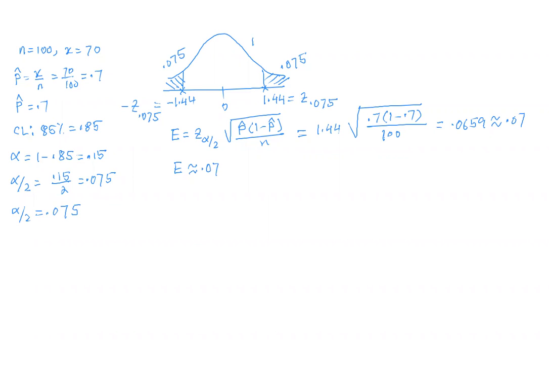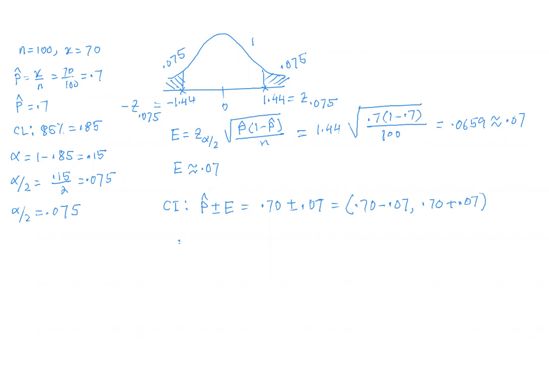Now your confidence interval is going to be p hat plus or minus your margin of error, which is p hat is 0.70 plus or minus 0.07. That is going to be equal to 0.70 minus 0.07, comma, 0.70 plus 0.07.